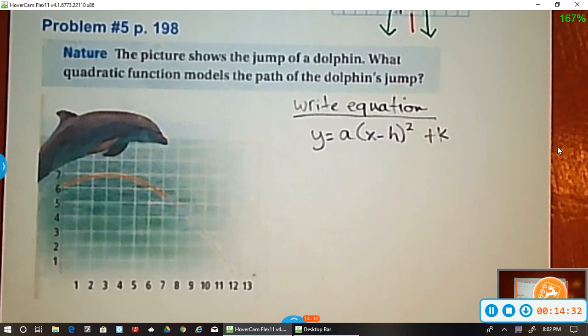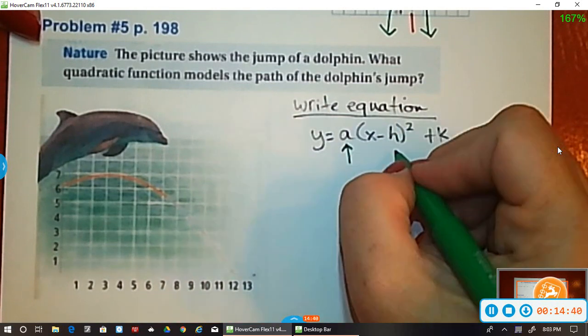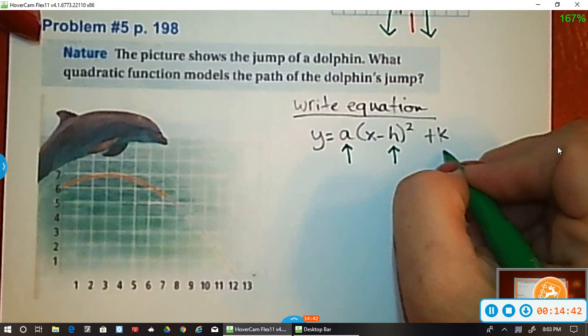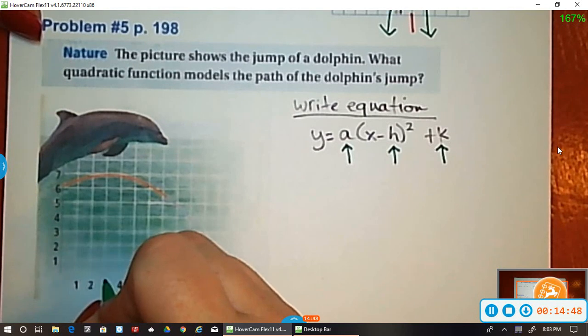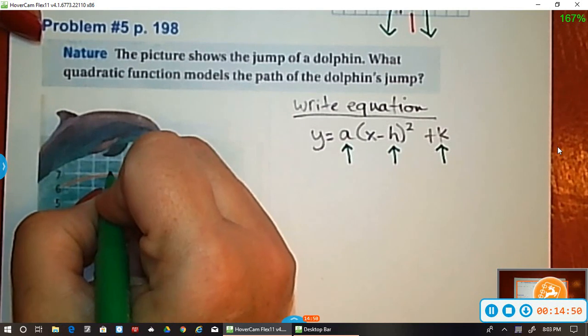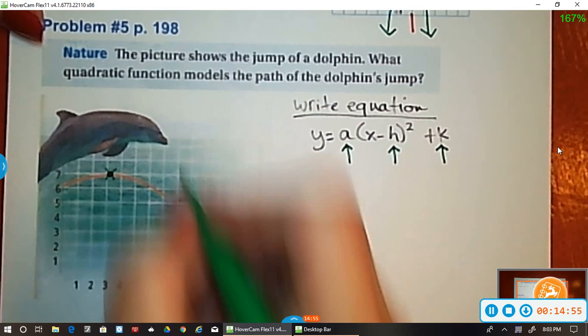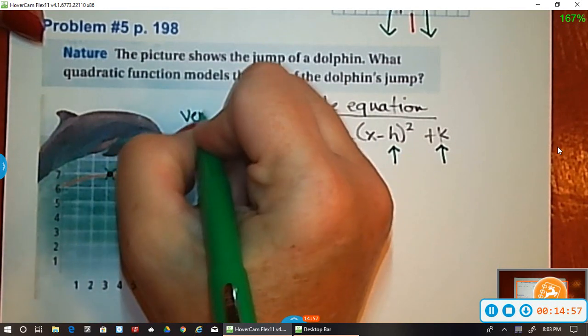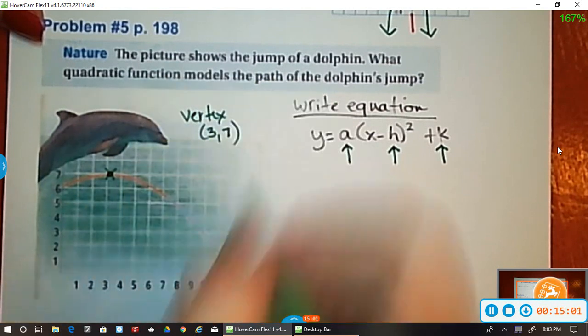Now, there are 3 things that I need to know to write this equation correctly. I need to know the a value, and I need to know the vertex. The vertex is easy enough to get. If I go right here, this is my vertex. The vertex is (3, 7).